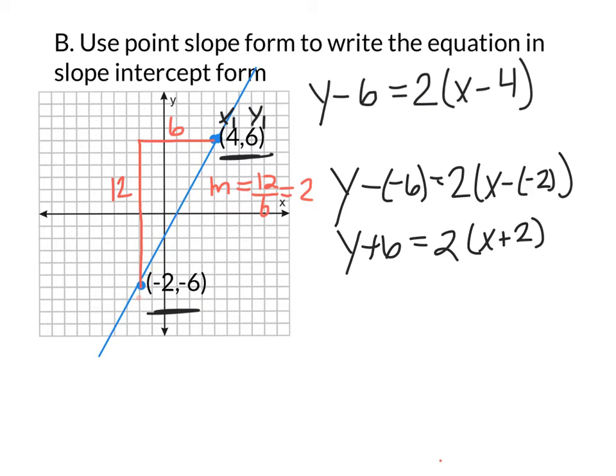Now, they look like different equations, but they represent the same line because this line passes through either of those points, the -2, -6 and the 4, 6, and has a slope of 2. We're just using a different point to be the identifier.